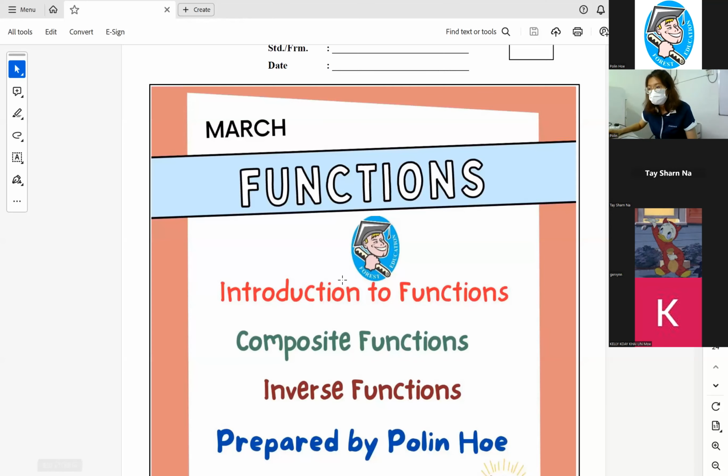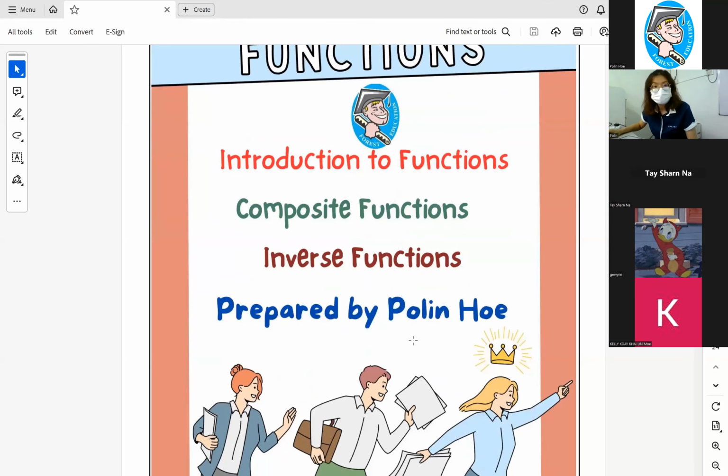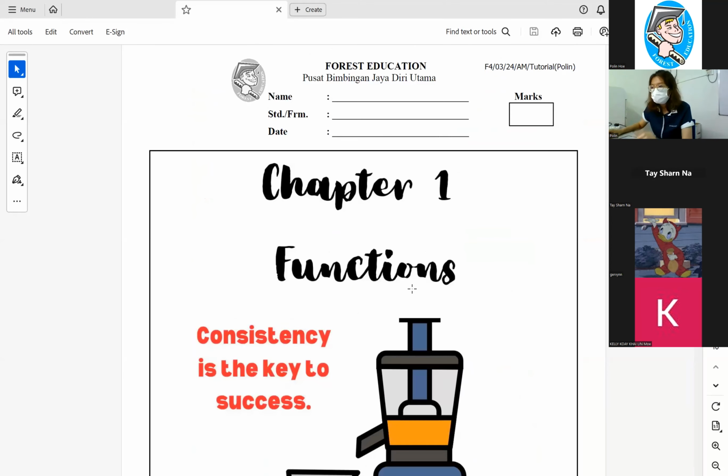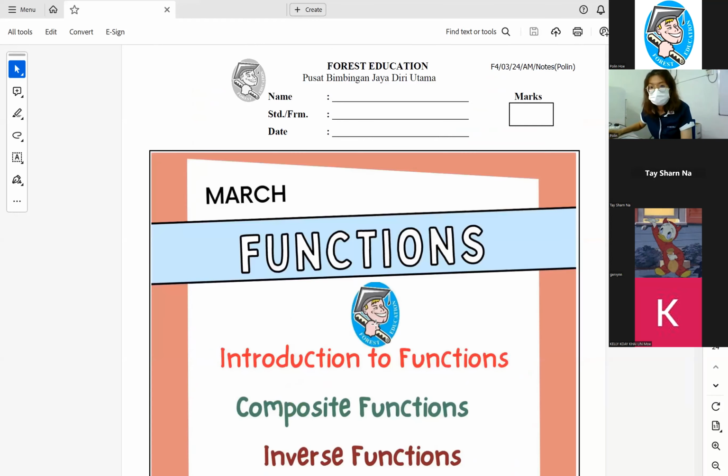I'm going to use this. Another set is like this, the tutorial. 我不要用这个哈。This is for tutorial. 你看它上面的 code，我要用的是 notes. I'm going to use notes.